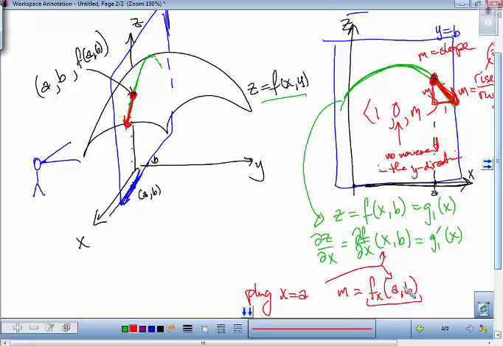M is the partial. So our vector, what should we call it? V in the x direction. V sub x equals 1, 0, f sub x evaluated at (a, b). That's m, and we said this is m, so this must be m.